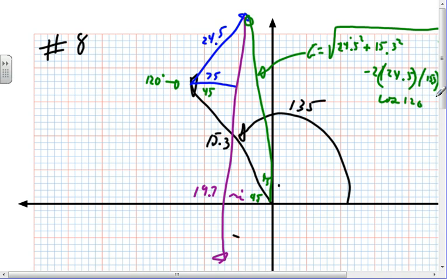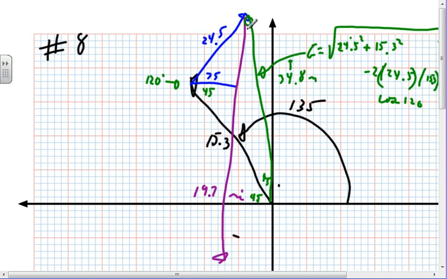So, second function, square root, 24.5 squared plus 15.3 squared minus 2 times 24.5 times 15.3 cosine 120. Okay, so this green side is 34.8.